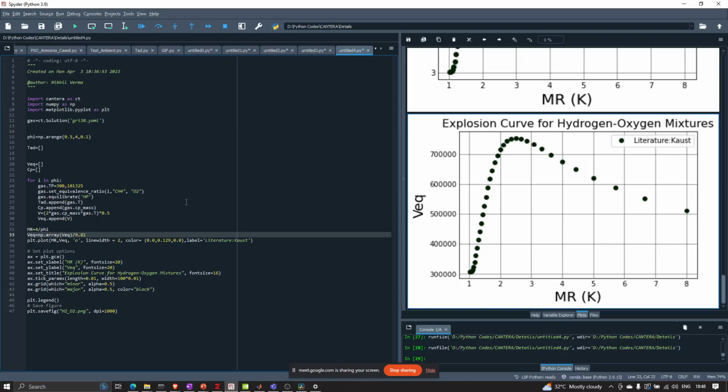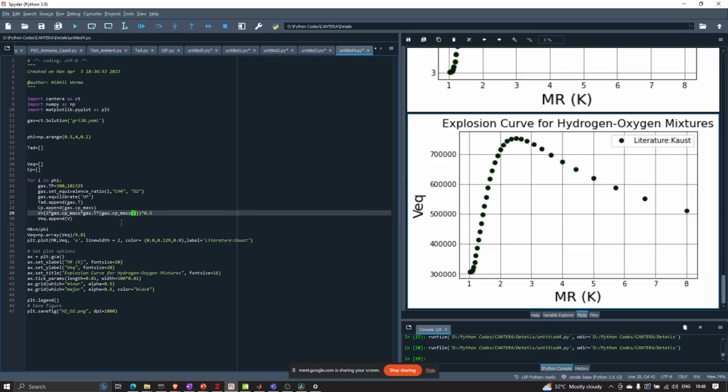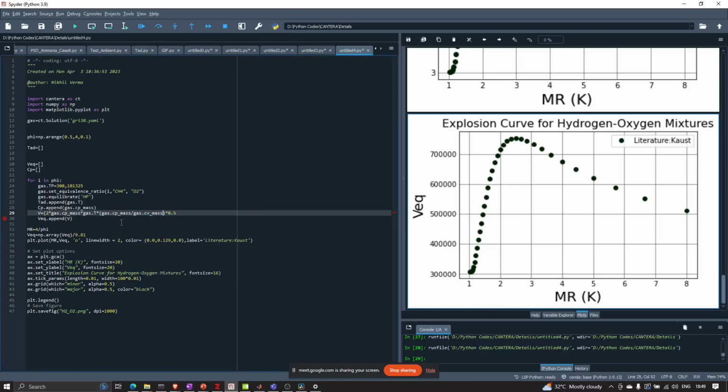Gamma R. Okay, there should be, yes, gamma minus one also. So with this we have gas.cp_mass divided by gas.cv_mass. This is gamma minus 1, right?